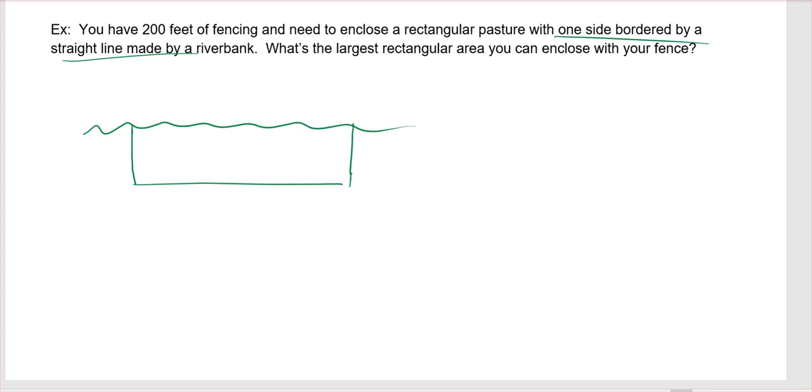It's a rectangle, right? Let's say that x is this length right here. So say x is the width of the rectangle.